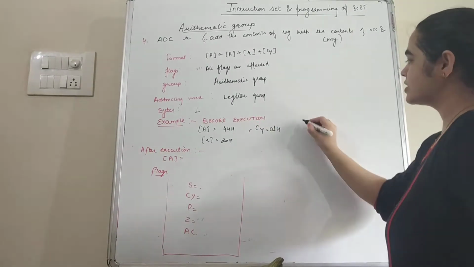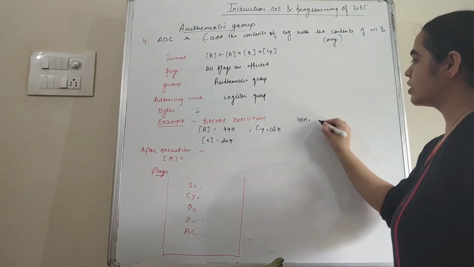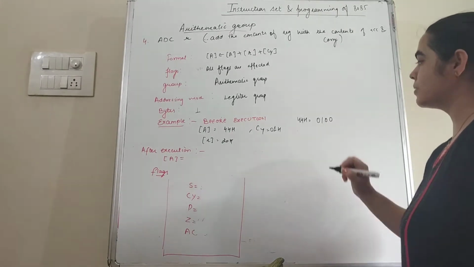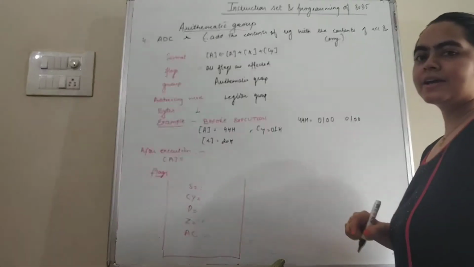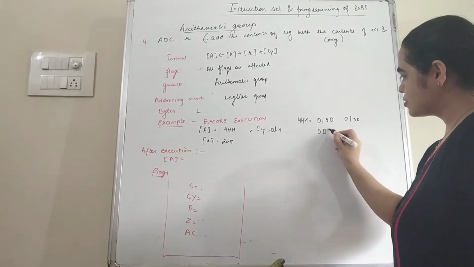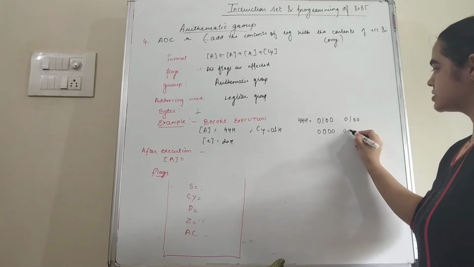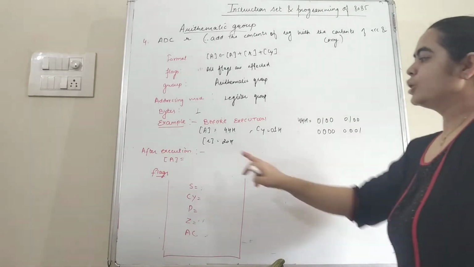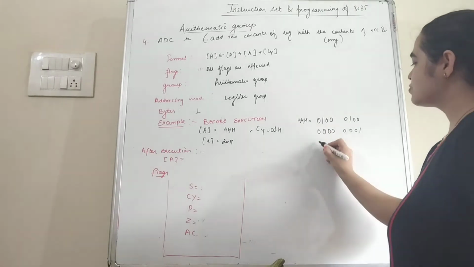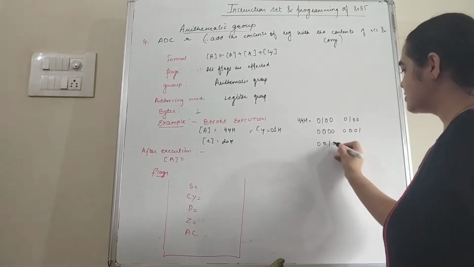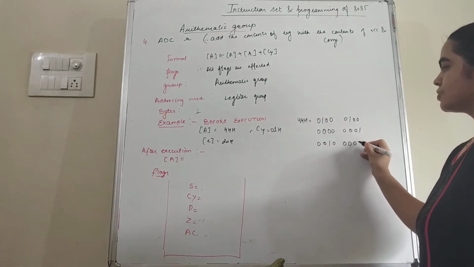So 44H initially we can convert. So 44H means 0100 0100. Then carry flag is 01. So 0000 and 1 is 0001. 20H, register is having value 20H. So 20H means 0010 and 0 is 0000.